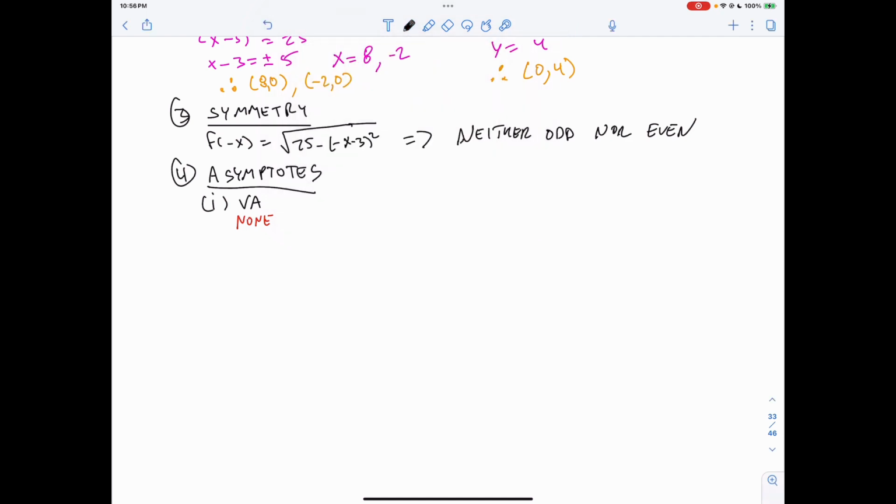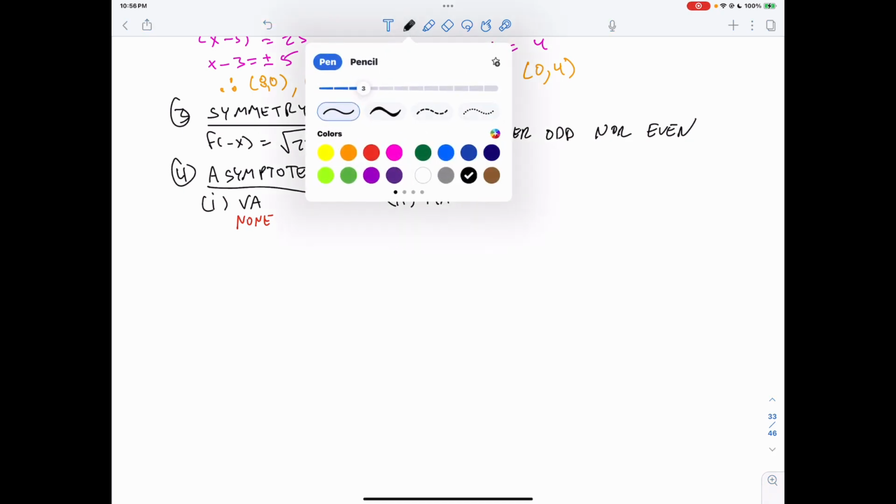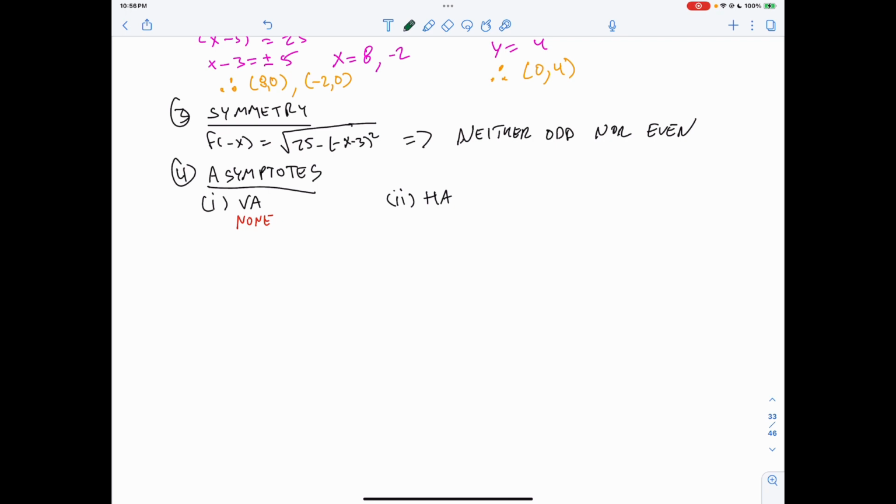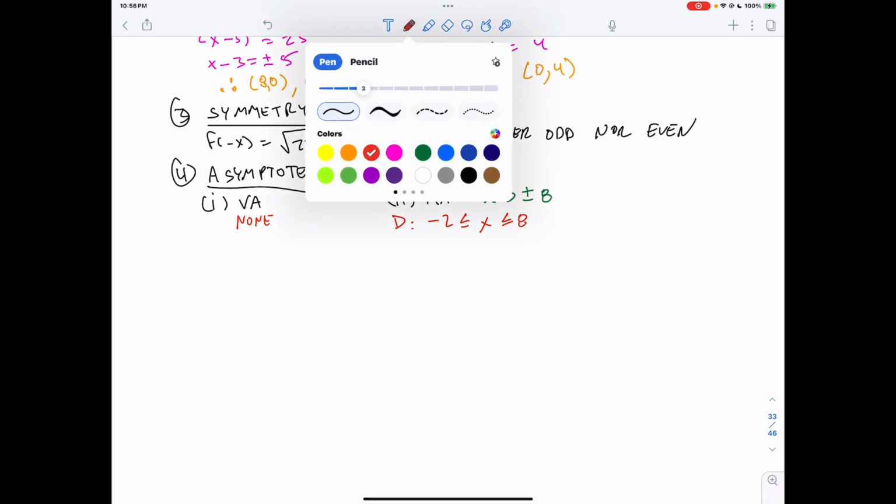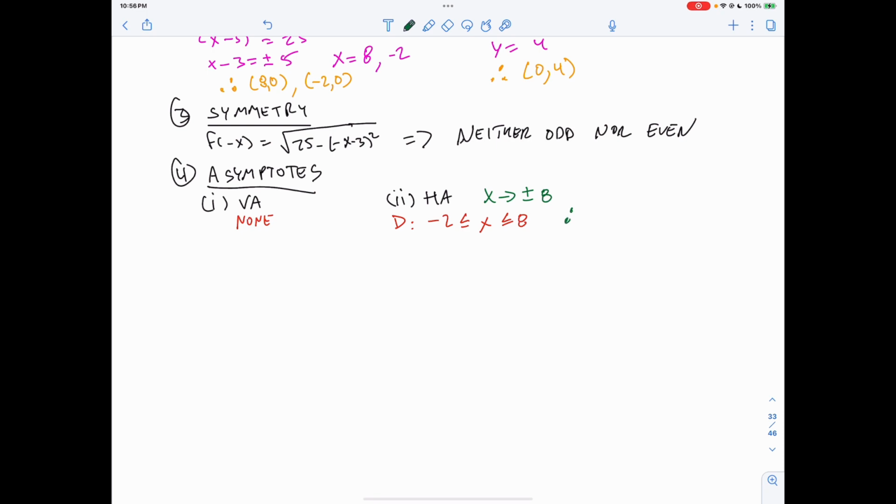For my horizontal asymptote, we look at what happens as x approaches positive or negative infinity. In this case, because my domain is negative 2 is less than or equal to x, which is less than or equal to 8, it never approaches positive or negative infinity. So there is no horizontal asymptote either.